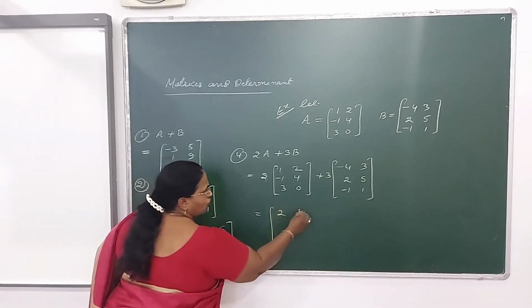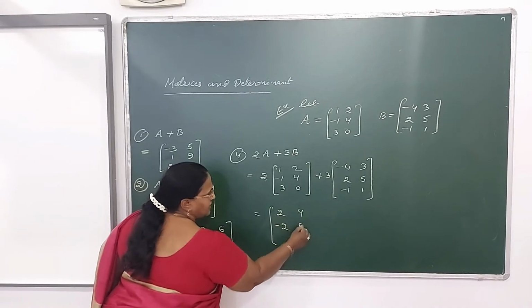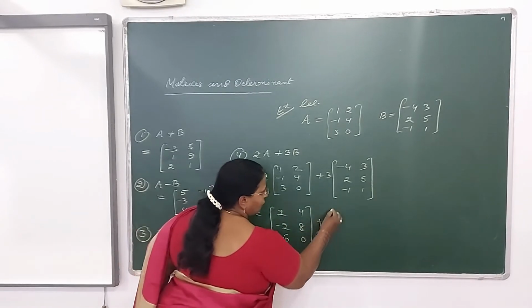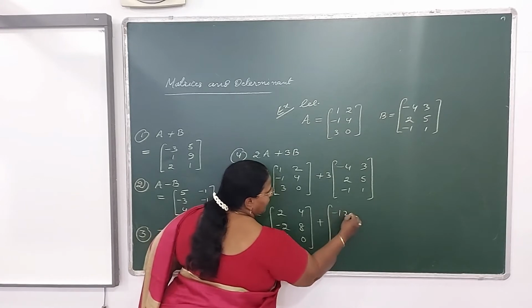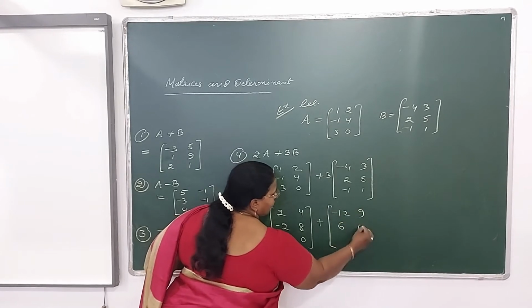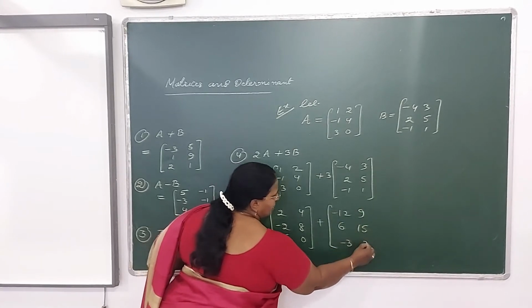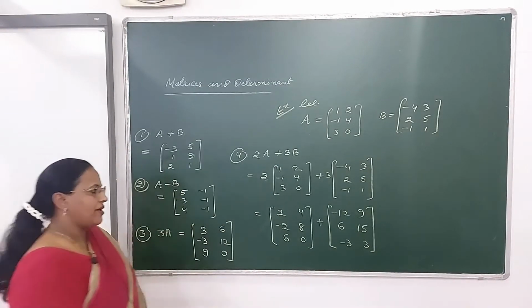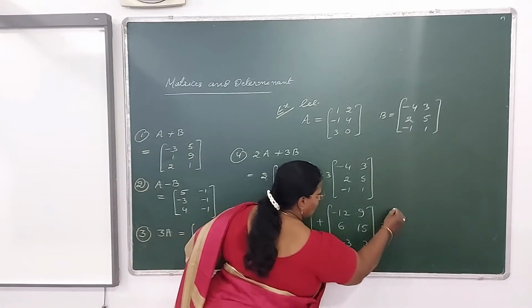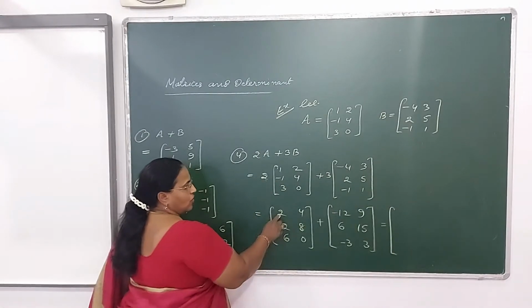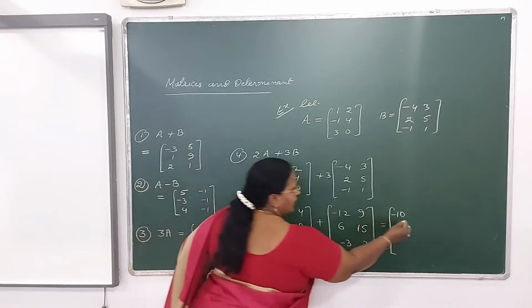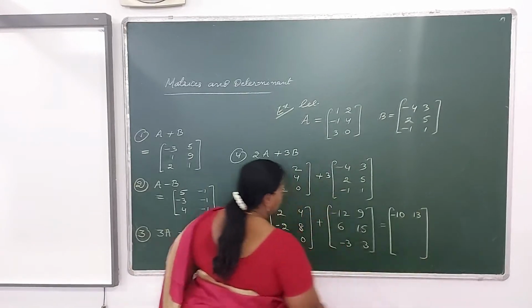So here it will be 2, 4, minus 2, 8, 6, 0. And here the second one you will be getting minus 12, 9, 6, 15, minus 3, plus 3. Now it's very easy. Add the 2 and write down the answer. So this is equal to 2 minus 12, it's minus 10. 4 plus 9, 13.